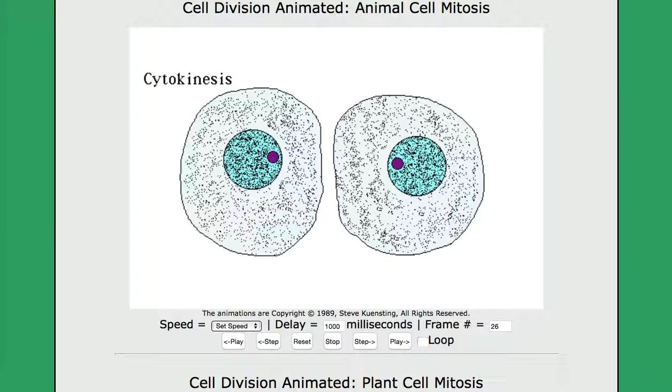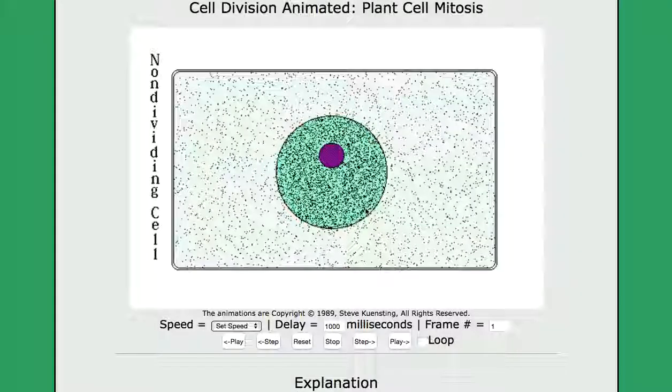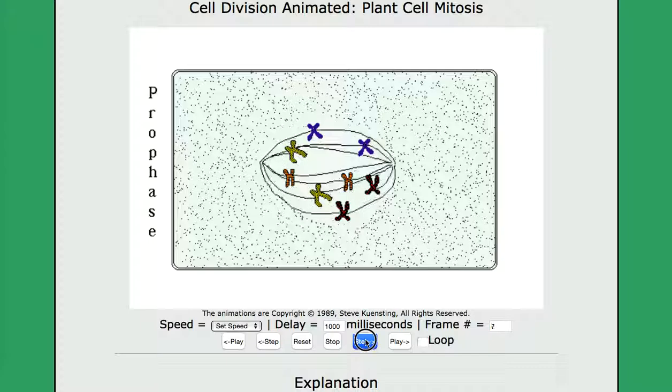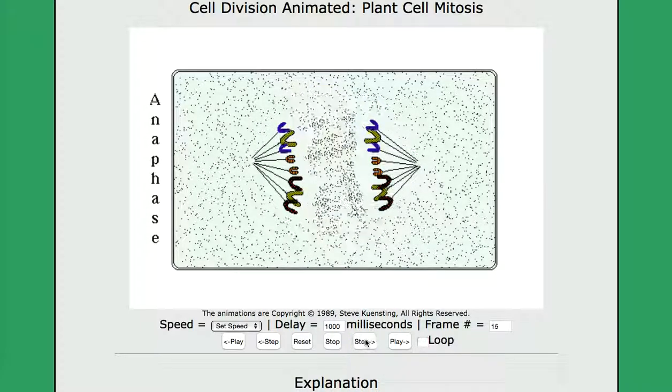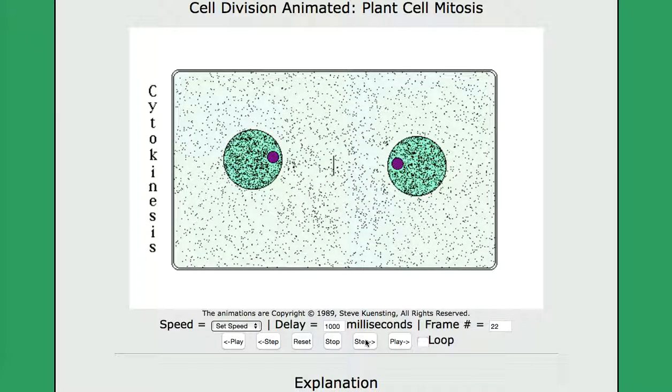Now, a plant cell looks very similar to this, except that plants don't have centrioles and they have cell walls around them, but it's a very similar process. The same basic processes occur, except that when cytokinesis occurs in plant cell division, the plant cell cannot pinch in. It literally just forms a plate. The plate is formed from the microtubules that were used to separate the chromosomes, and that plate allows the two cells to be separate.